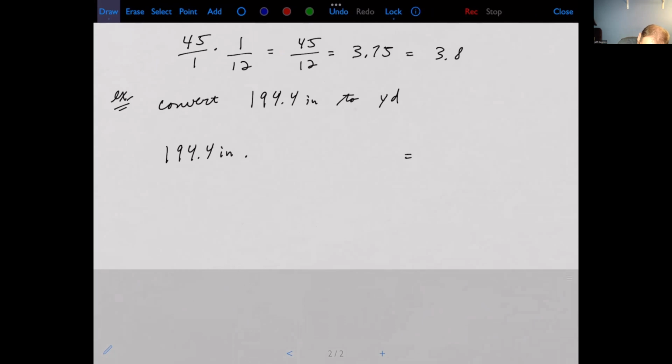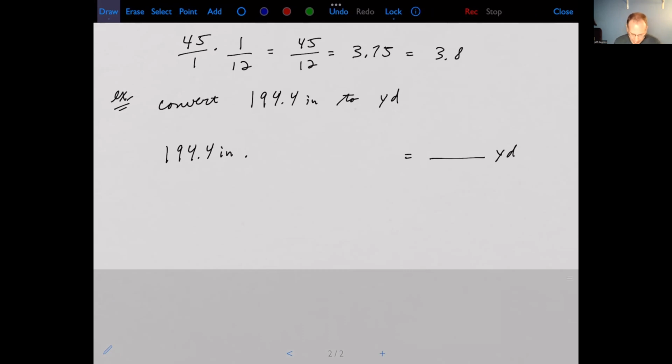And I want to convert to yards. Now, it turns out in this case, I could actually do this conversion with just a single unit conversion factor. If I know the relationship between inches and yards, turns out there's 36 inches in 1 yard, so I could do this directly. But often it's maybe easier to use multiple unit conversion factors.